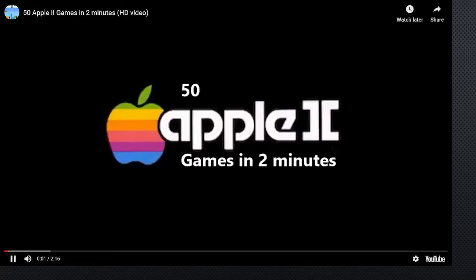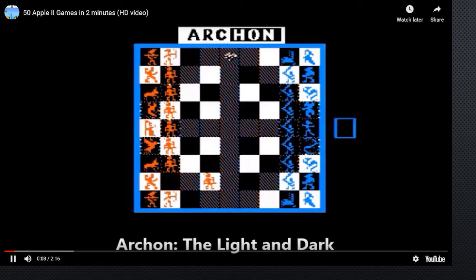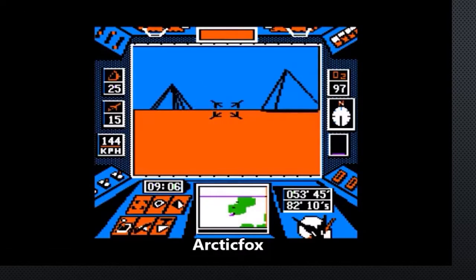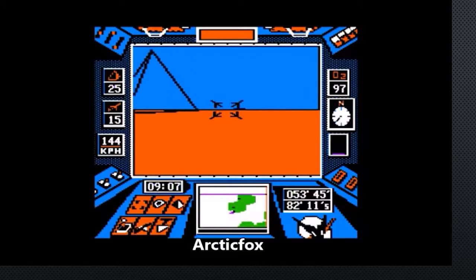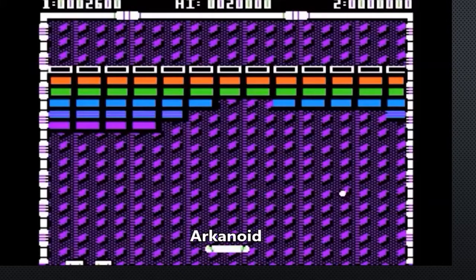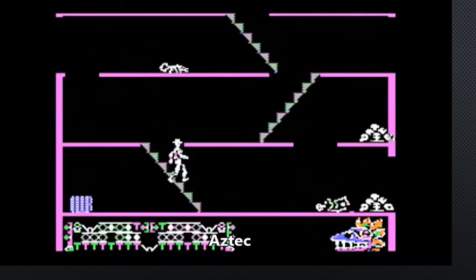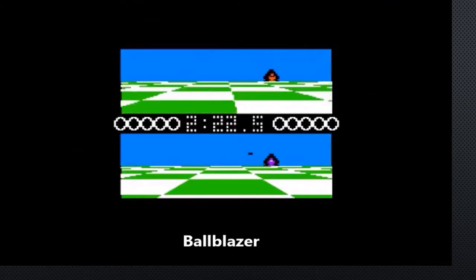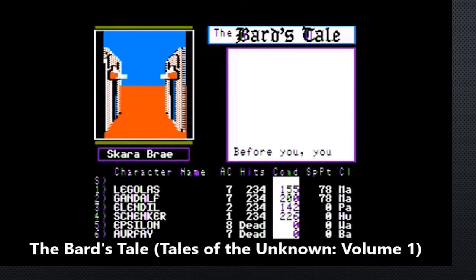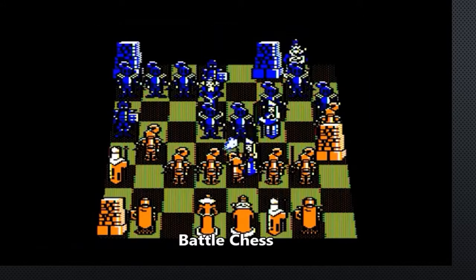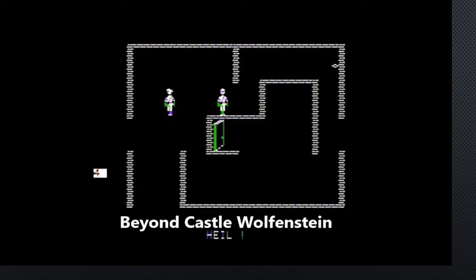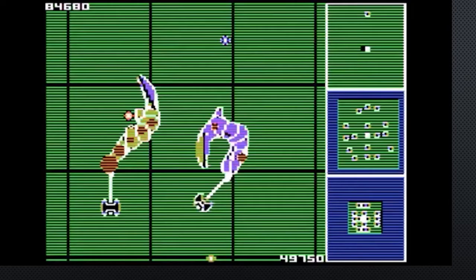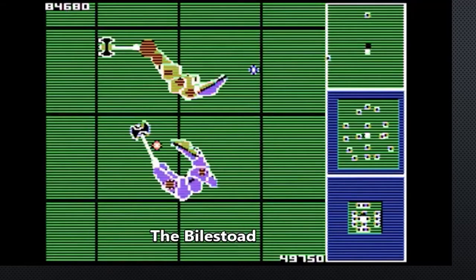And this is a little video of Apple II games. Look at Arkanoid versus the Breakout. There's the first Castle Wolfenstein.